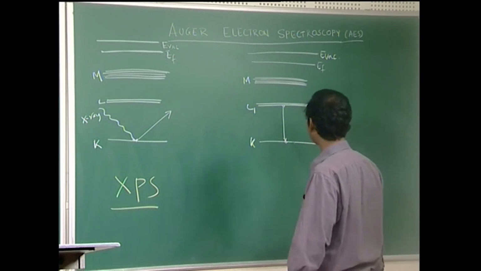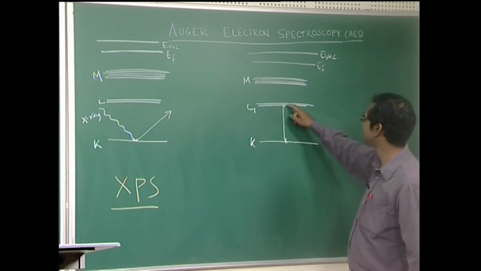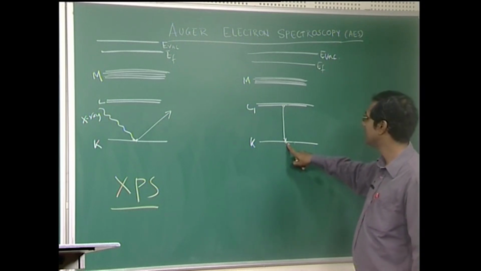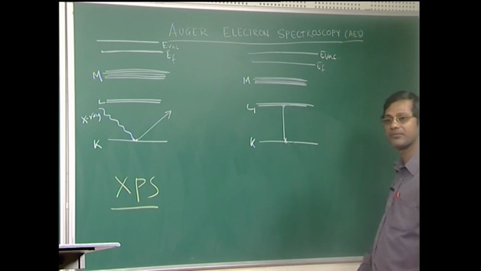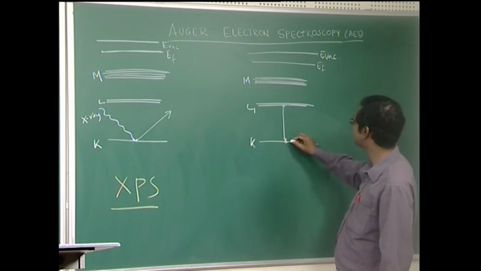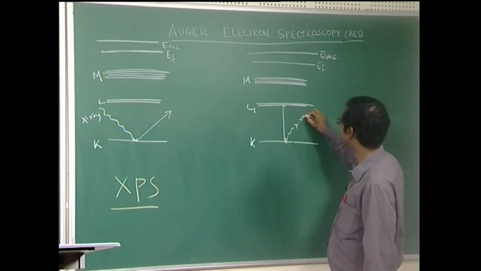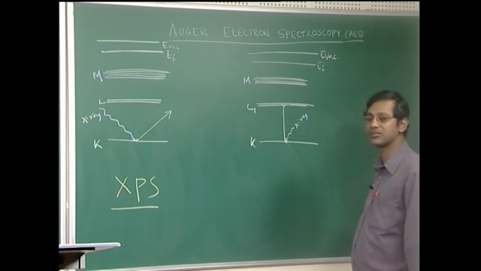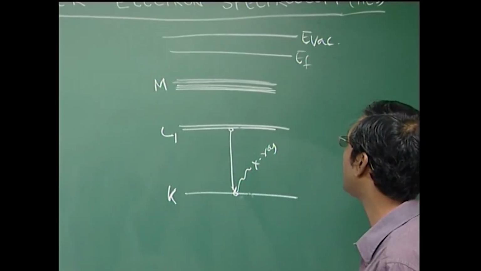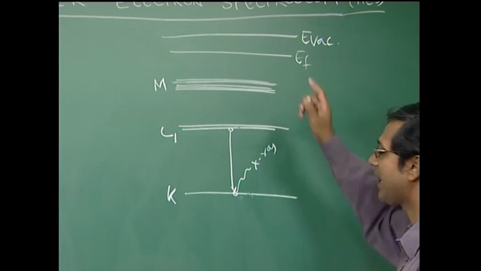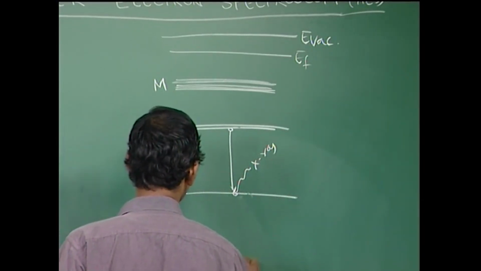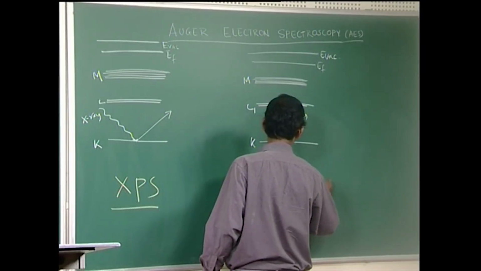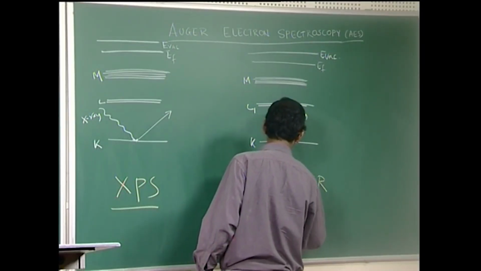If it does so, because of the energy difference between L and K, some amount of X-rays will come out, and these X-rays can eject another electron from higher levels like L or M, or maybe higher. This is what is called an Auger electron, and this is what is known as the Auger process.